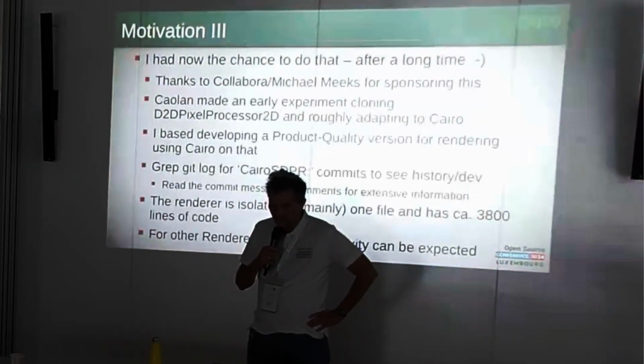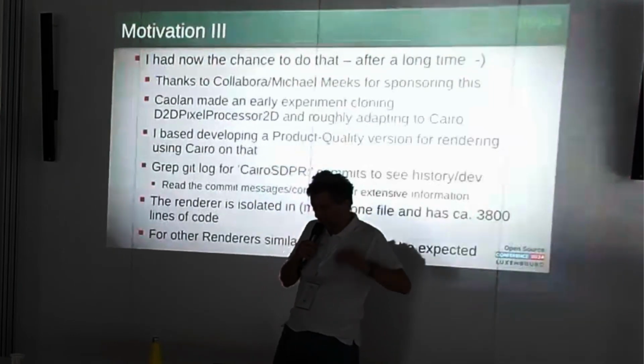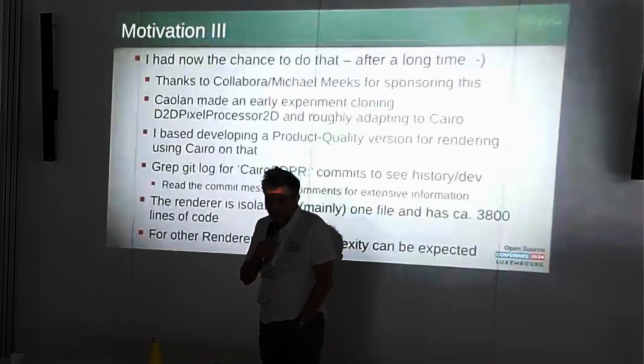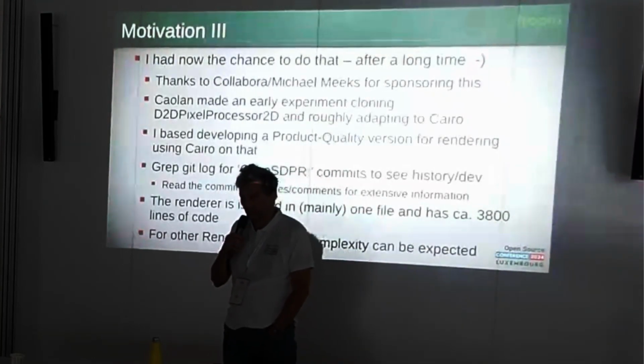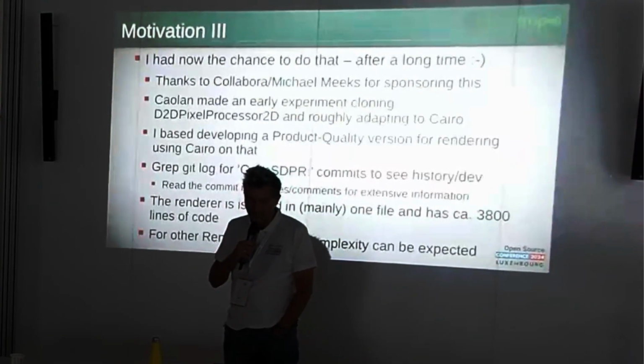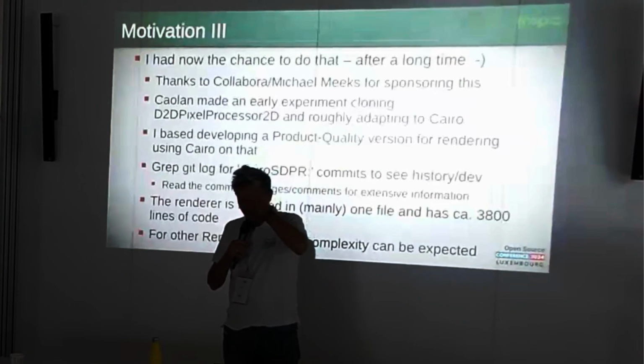And the renderer itself is isolated in mainly one file, mainly because there is some tooling shared with the Direct2D pixel processor. So there's some common tooling for pixel processor development. Not very much yet, but more and more could be isolated.